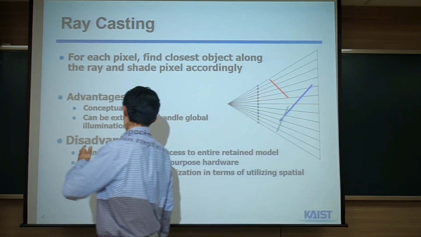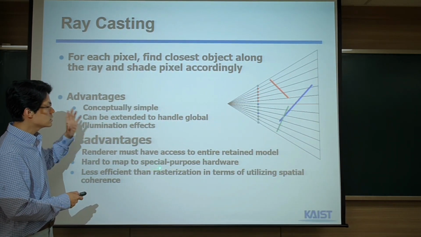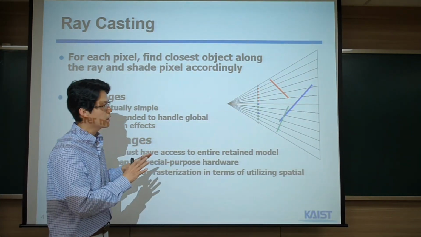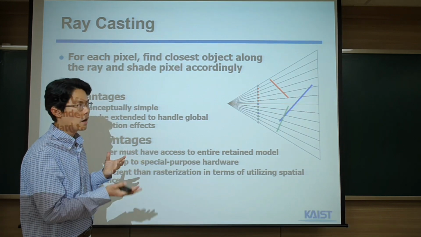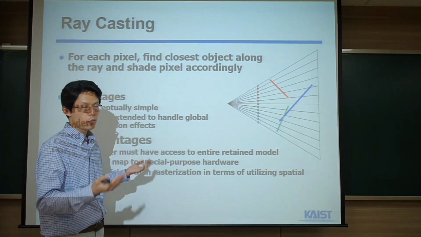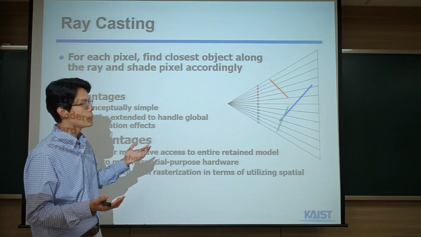Also, it was hard to design specially designed hardware for ray tracing. As you can see, it's randomly accessing data, so early on you require branch prediction and other mechanisms. But in the rasterization case, it was much simpler, right?